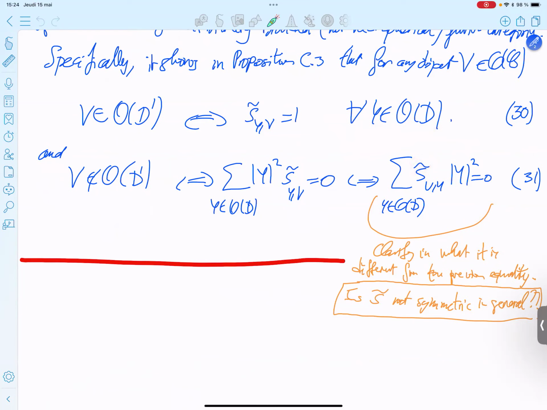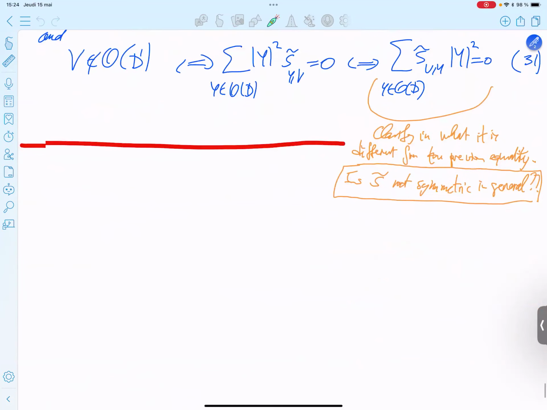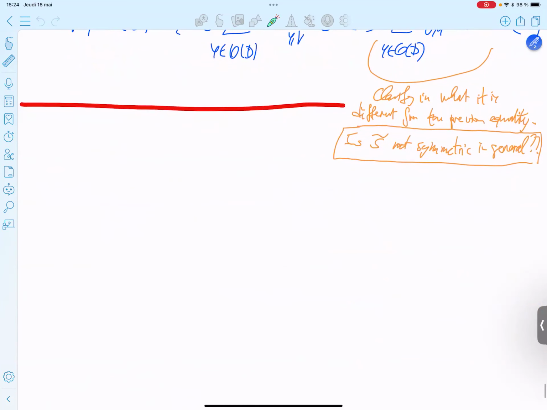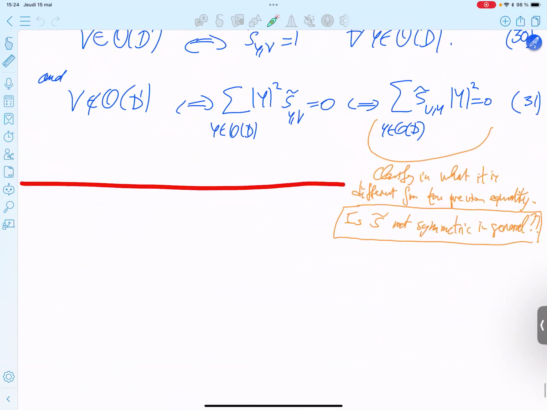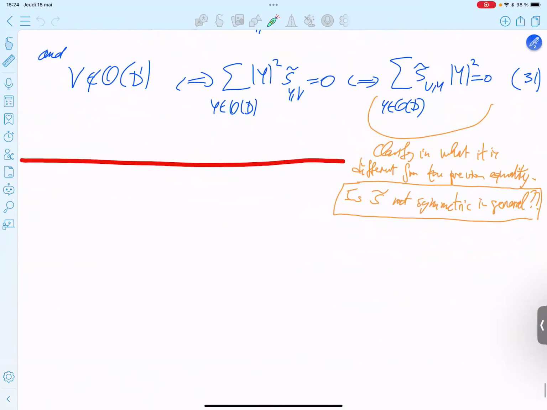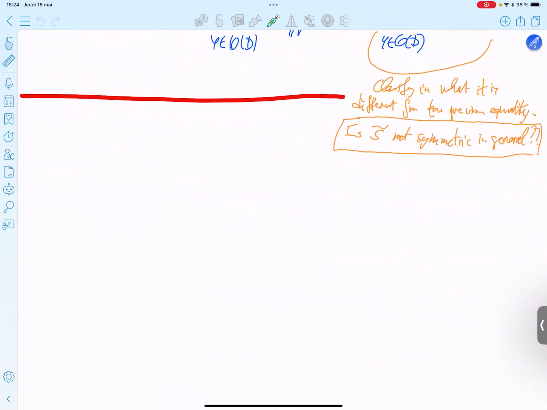For the S matrix for a premodular fusion category, we proved that the S matrix is symmetric, but maybe in this case not. So let us check that as an exercise. But anyway, it's not the point of the class today.